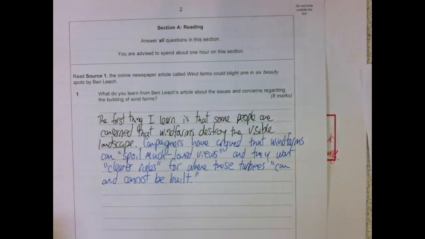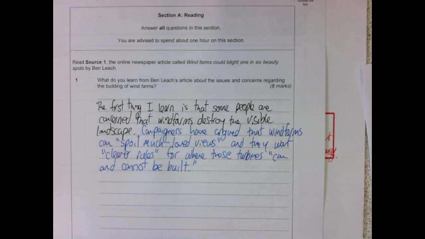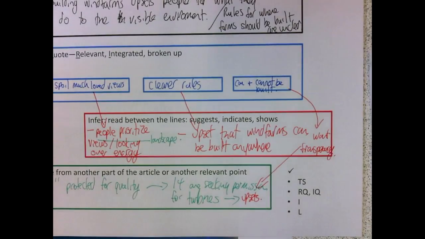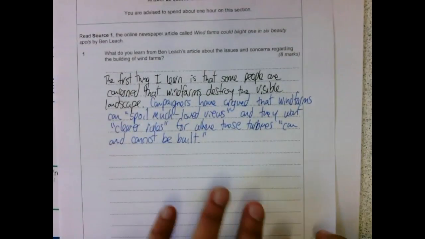Okay, that's my quoting. Next, I need to infer. So my inference was people prioritize views, the landscape, over energy. They're upset that they can be built anywhere, and they want to know, they want transparency.